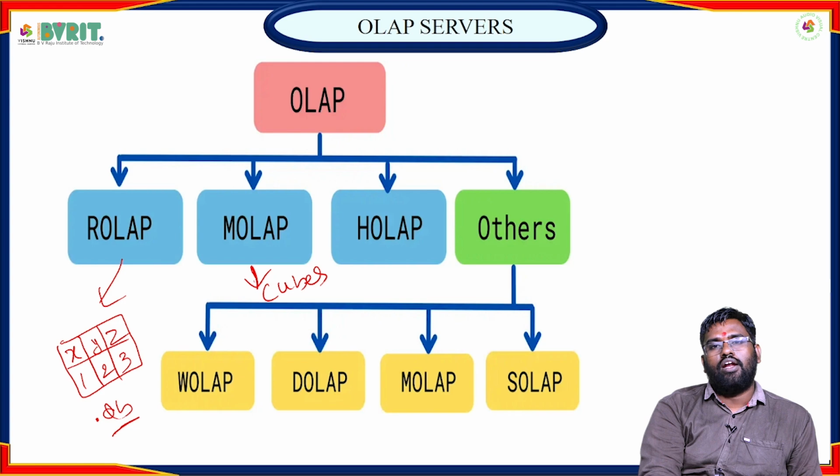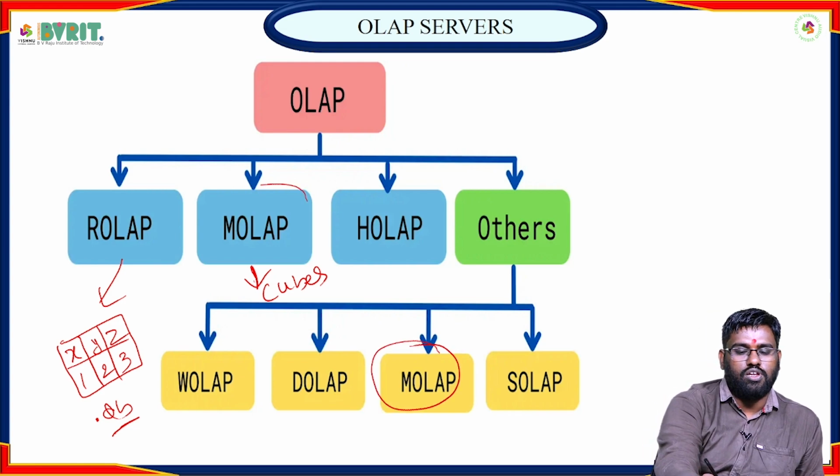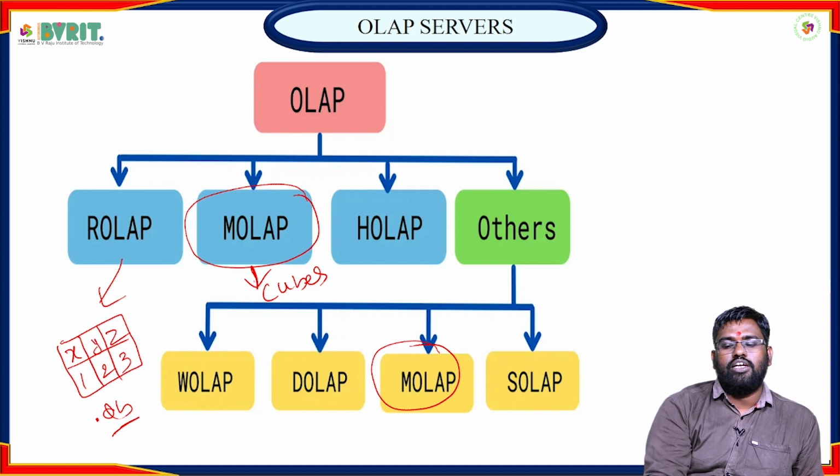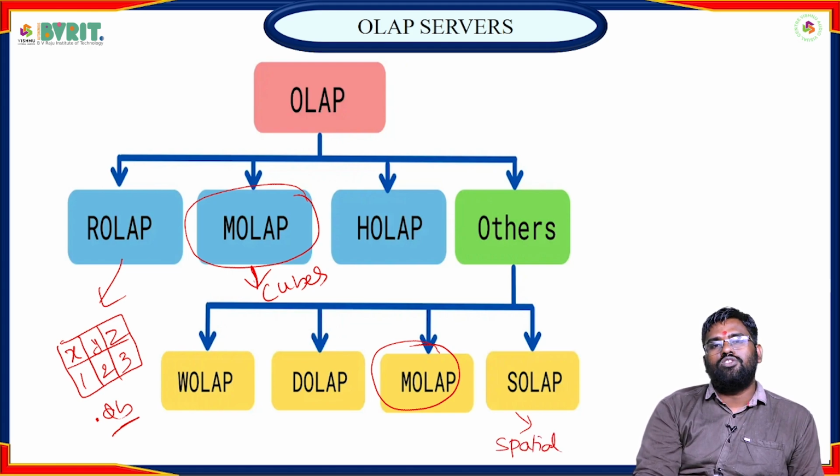It is used to store all the data in the form of multi-dimensional cubes. And SOLAP means it is used to store the data in spatial online analytical processing. Spatial means the kind of data we show in Uber, Ola, delivery type of things.